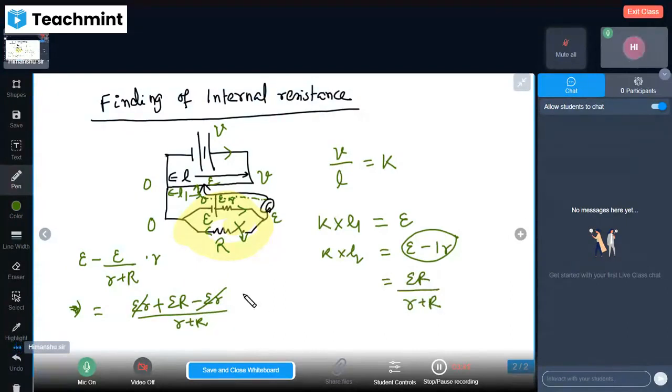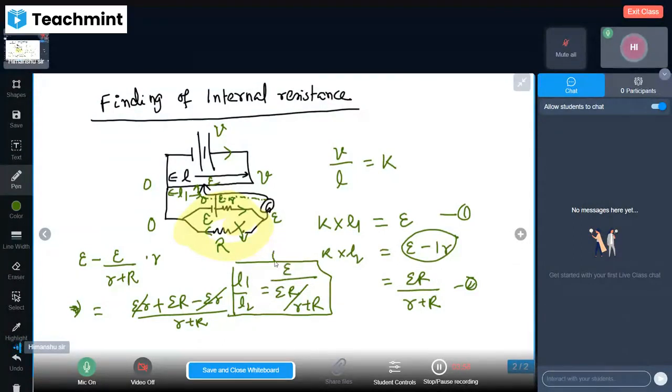On division of equation 1 and 2, we will get L1 by L2 equal to epsilon by epsilon R by R plus r. Understood? On further solving, L1 by L2 is equal to R plus r upon R, which is r by R plus 1.